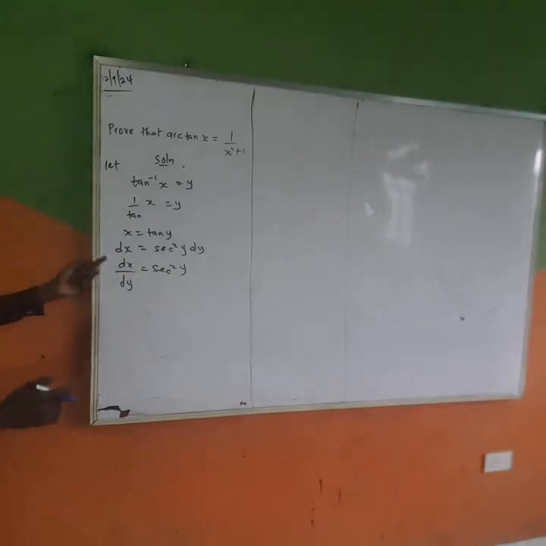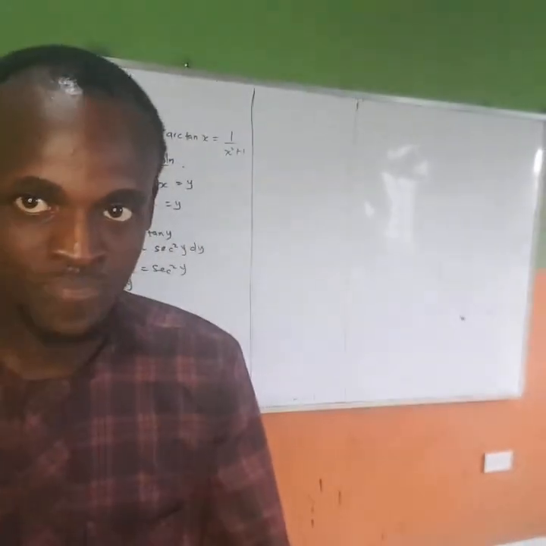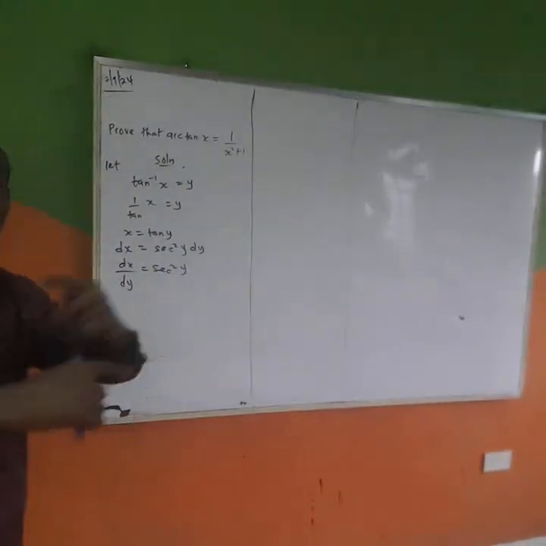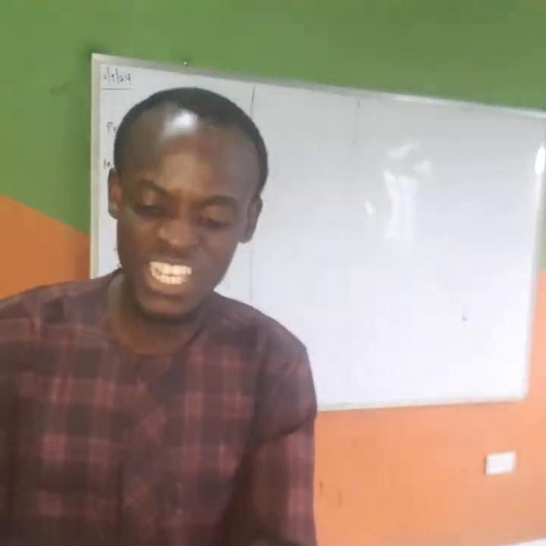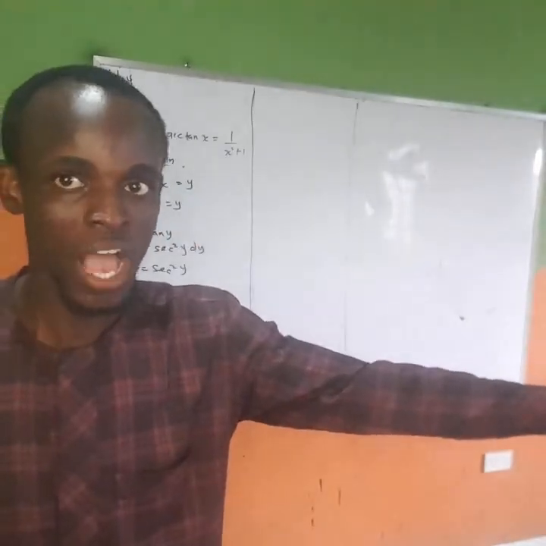In differentiation, we are used to dy over dx, not dx over dy. So to change this to dy over dx, I will need to take the reciprocal of dx over dy. Whatever you do to the left hand side must be done to the right hand side, and vice versa.